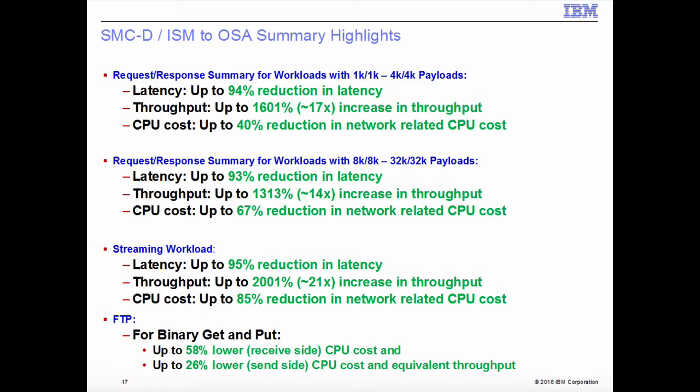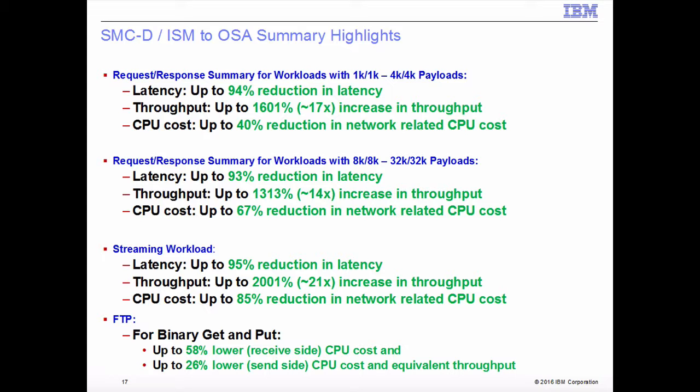But comparing an FTP transfer over an OSA versus SMC-D, you'll see a CPU savings opportunity of 58% on the receiver side, and a 26% savings on the sender side using SMC-D as opposed to an OSA connection. Very compelling numbers for FTP, showing how it translates into opportunity for savings.